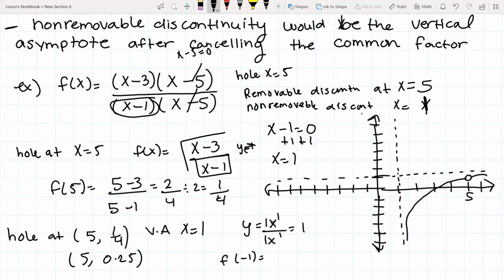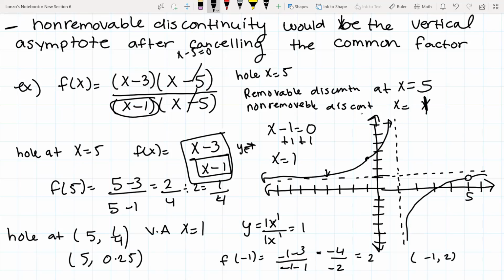We put it into our new function: -1 minus 3 is -4, and -1 minus 1 is -2. So that's positive 2. The point here would be at -1, 2, so it would be right here. This is enough information because you know that it won't cross this asymptote and it won't go below this asymptote, so like this. Okay, so that is what the graph would look like.